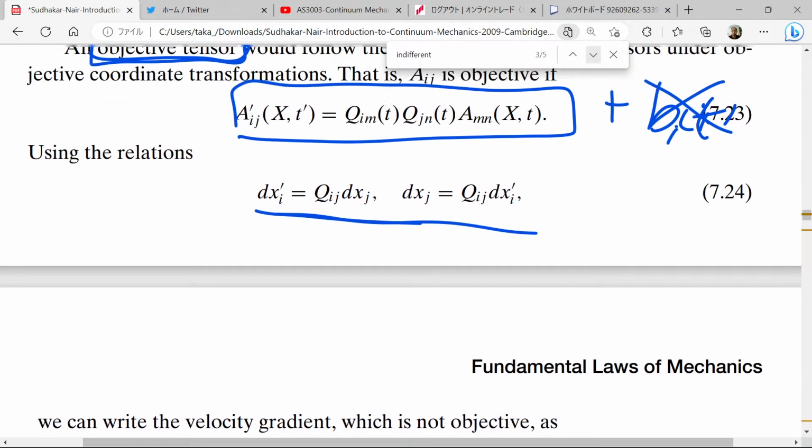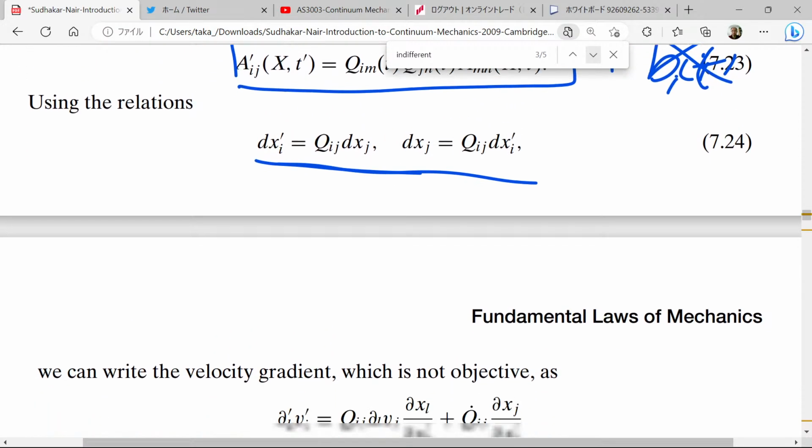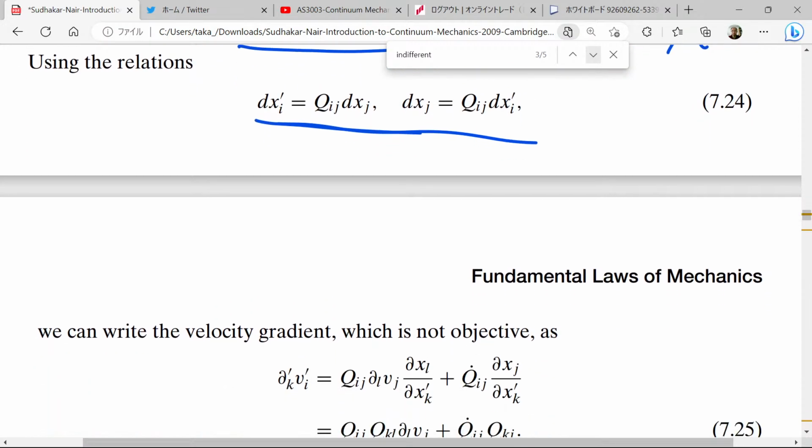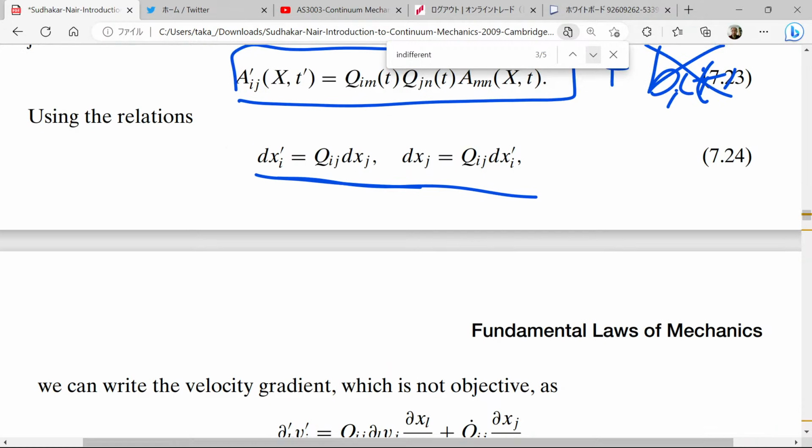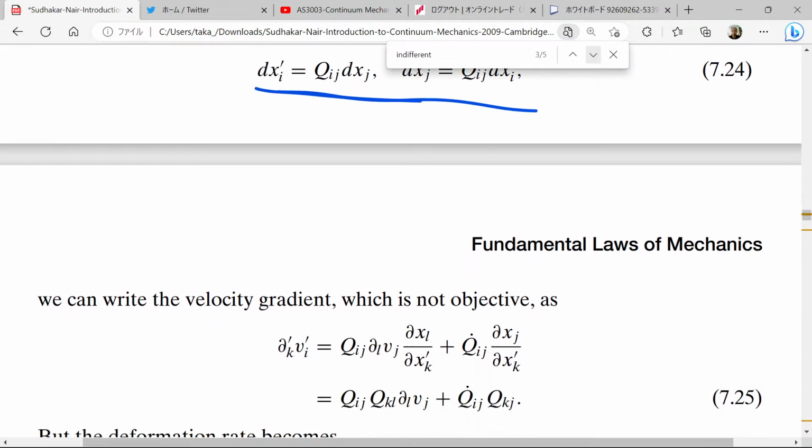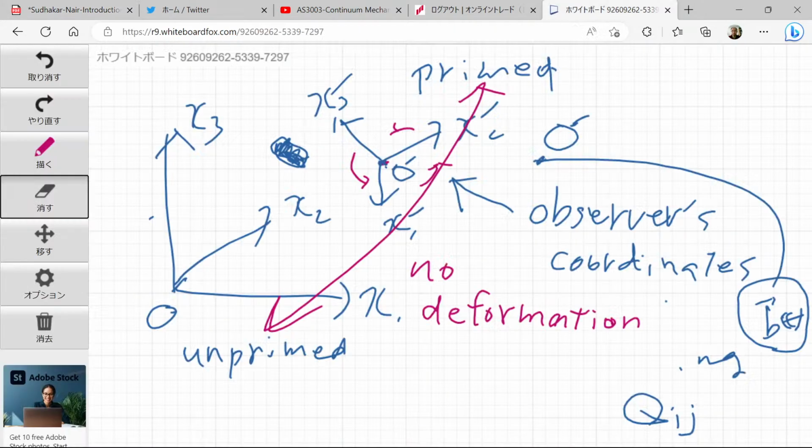How do you get this? Okay, let me work out this one.